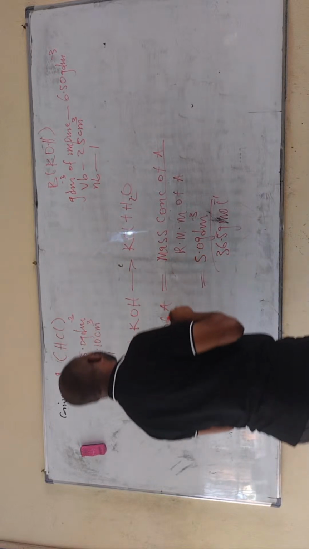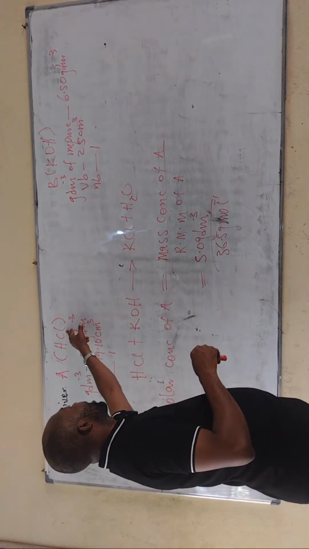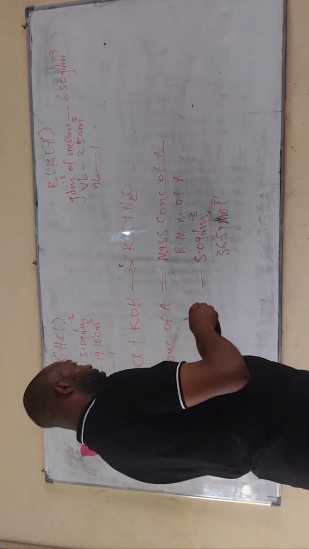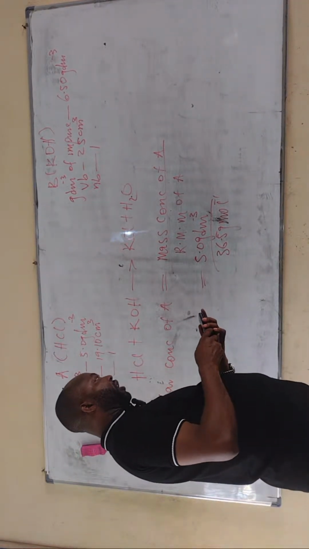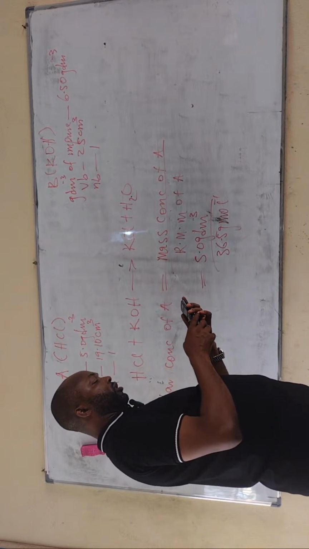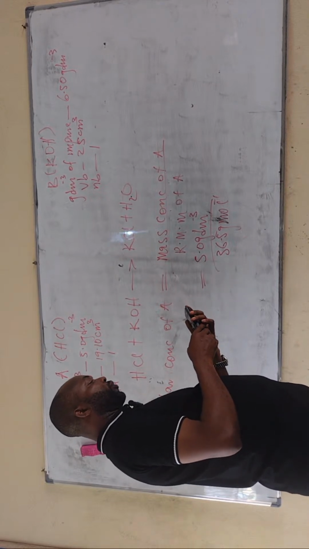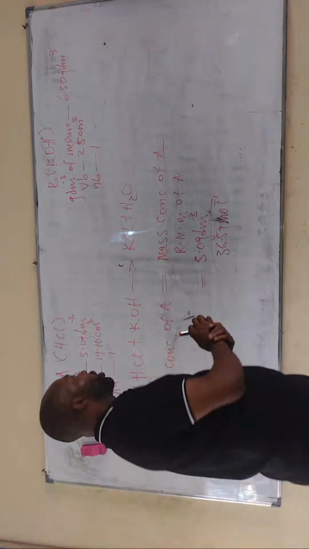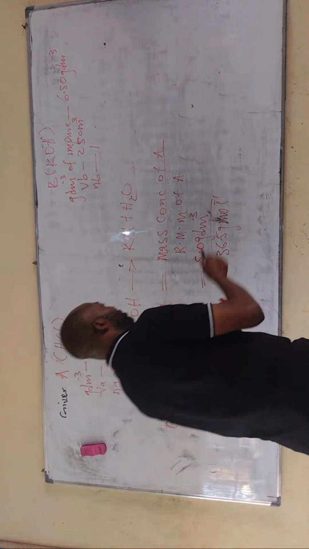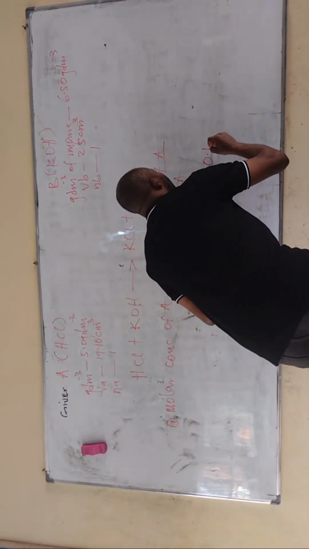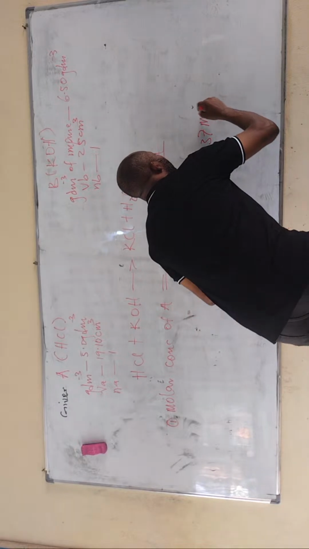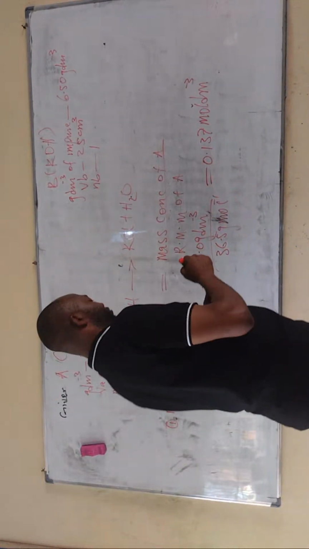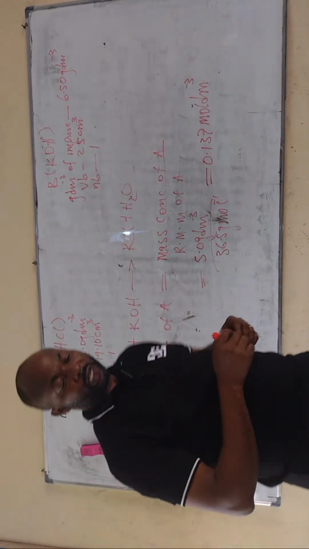I told us how we did that: chlorine is 35.5 plus 1, that's 36.5. So 5 divided by 36.5 is 0.137 mole per dm cube of A. So I think that's the first thing they asked us.